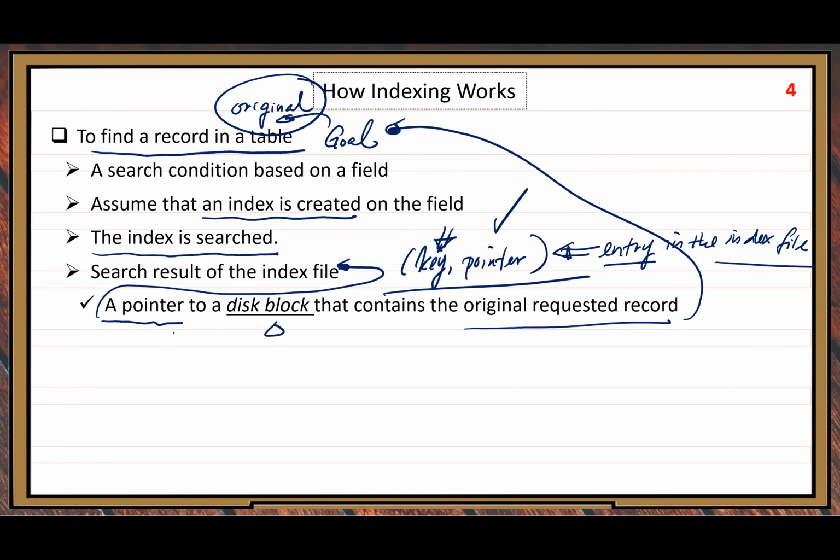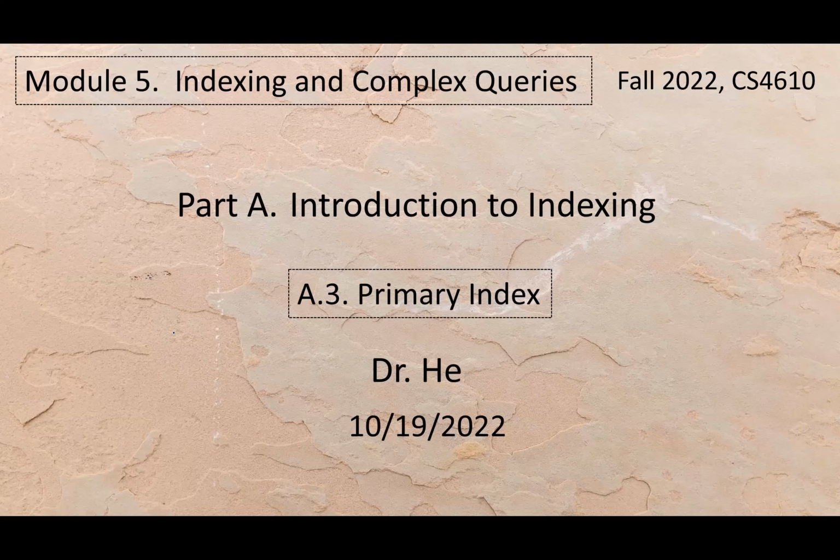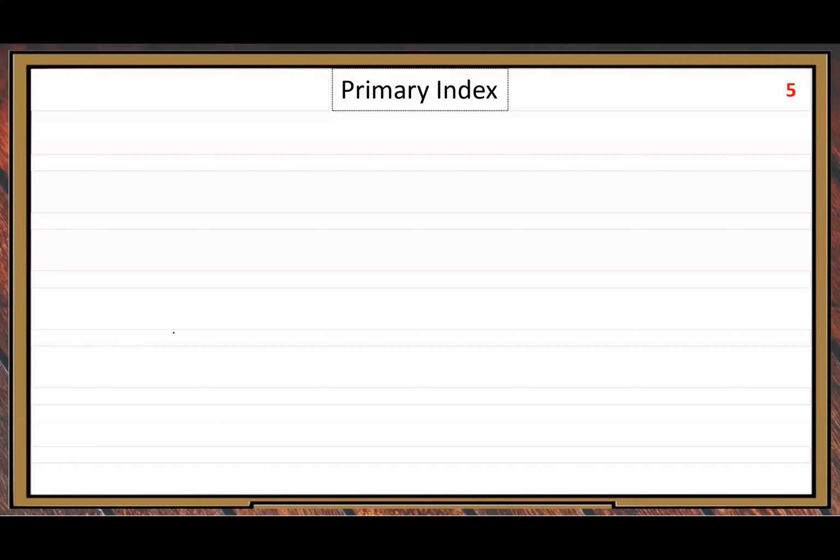Let me see how much time I have. Oh, 10 minutes. All right, so let me just go to 8.3, primary index. Let me go through one slide of primary index, because this type of index is simple and very important, and it is used most frequently.